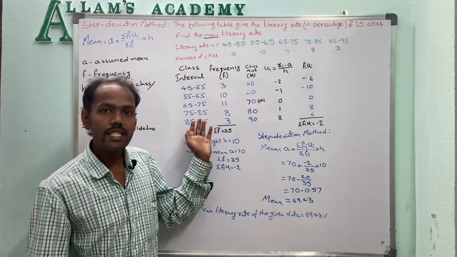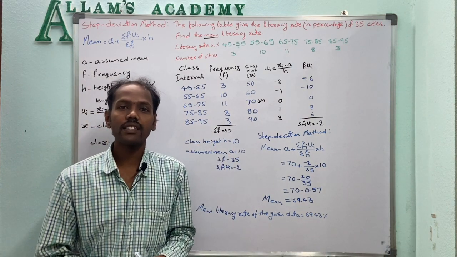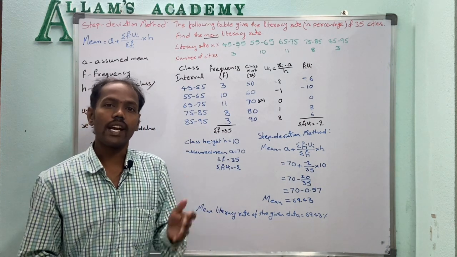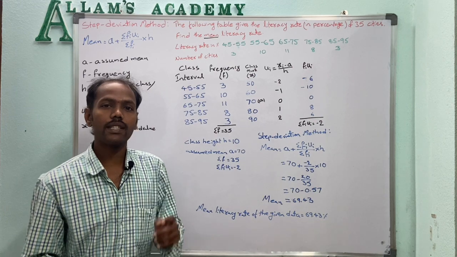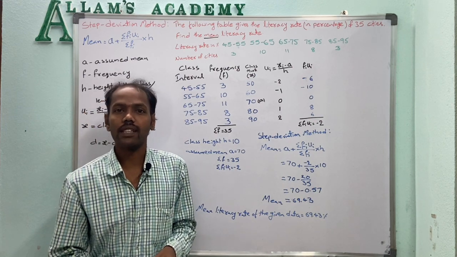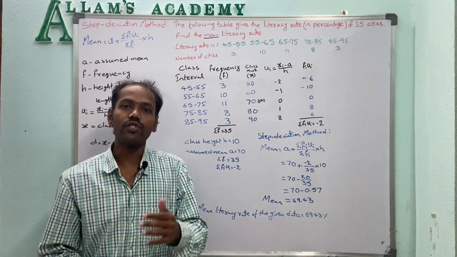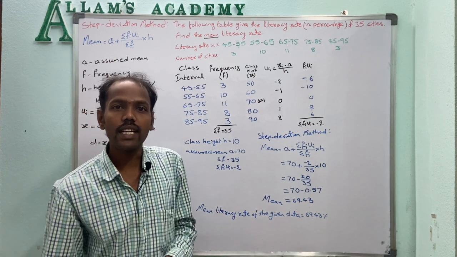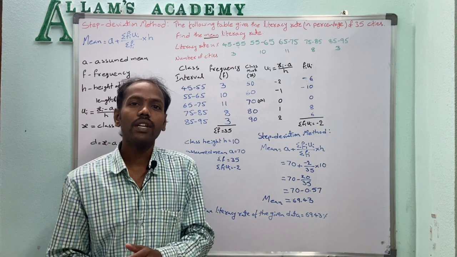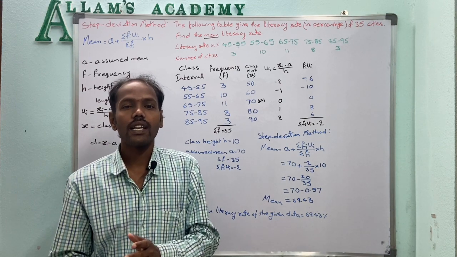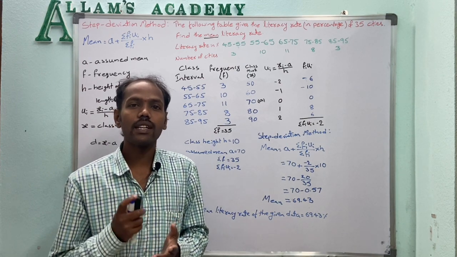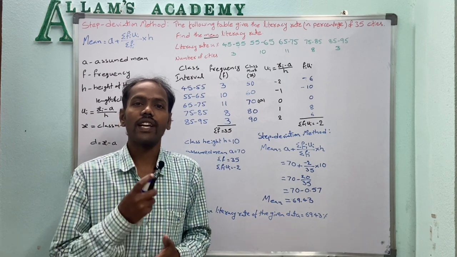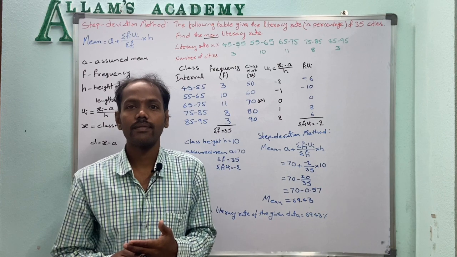So in this method we find the mean of the given data through the direct method, deviation method and step deviation method. Whichever method we use, we get the same result. Now we see, for a given problem, whether finding the mean through the deviation method, step deviation method and direct method gives the same result or not.